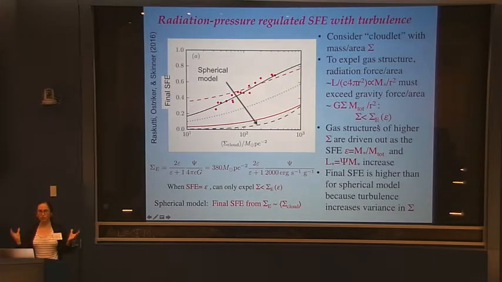So whereas you could have expelled a spherical shell at much lower luminosity, you actually have to keep converting gas into stars to get a luminosity high enough to expel the higher surface density structures in the cloud. So that's the turbulent model, where we basically say, what luminosity do you need to expel the structures of the highest surface density that you'd get for the log normal PDF that you get out of turbulence.